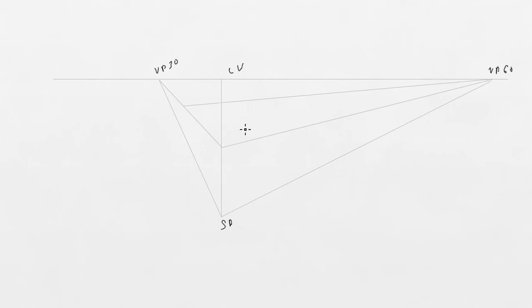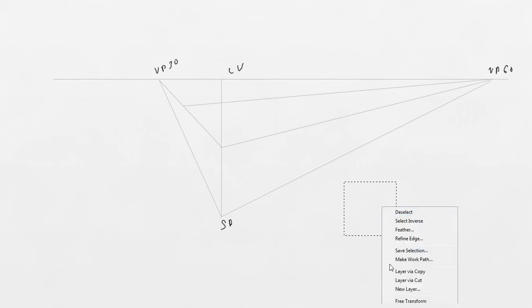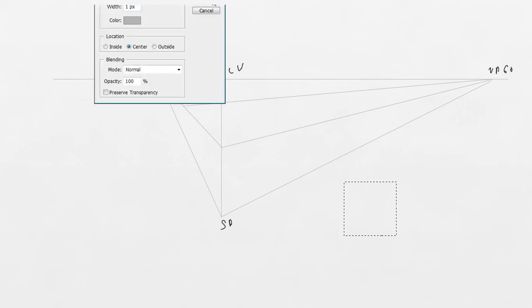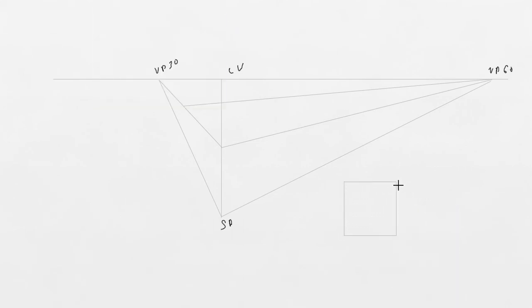Okay, and now we want to know where this ends to be a square. We could bisect this angle. And by the way, let's look how it works. Out of perspective, we could draw a square and draw another square.